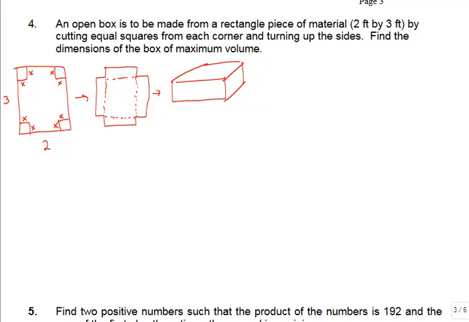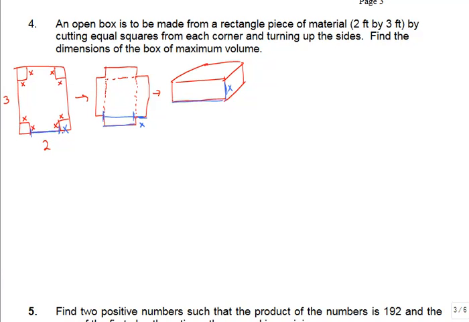So how does that reflect itself into this picture over here? Well, if you cut out an x, then that means this little distance right here is x. So when I fold that flap up, that becomes the height of my new box. This distance right here going across is what we would have left over after cutting out our 2 x's from both of these sides.